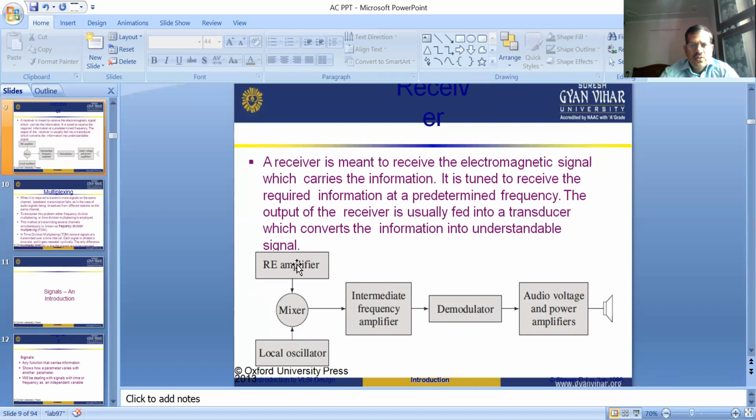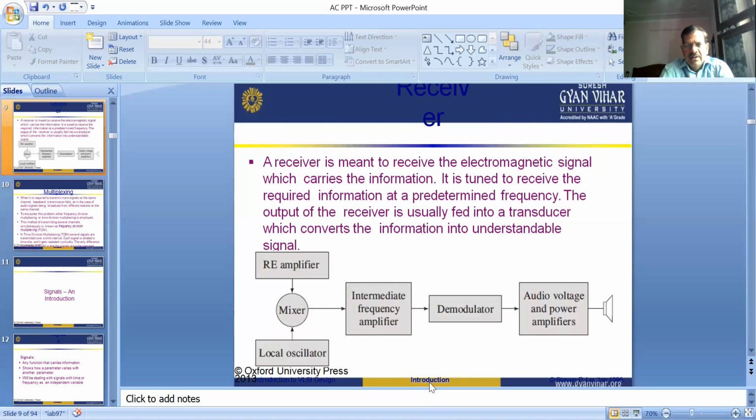These two signals are mixed in the mixer, and the output of the mixer is applied to the intermediate frequency amplifier, or IF amplifier, and then to the demodulator part of the receiver.